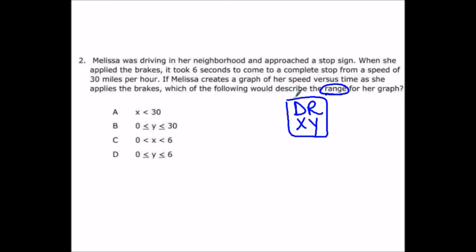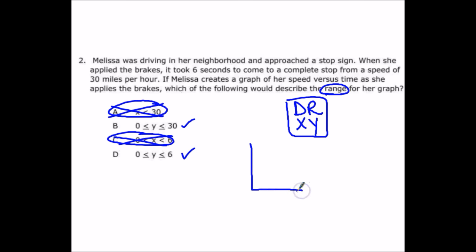The Y values, okay? So just because I know that, I come to my answer choices. This has an X value. It's gone. Y value, check. X value, gone. Y value, check. So one of those answers is going to be correct. So let's just kind of draw our graph. Now, she's starting at 30 miles per hour, right? And then so up here, I like to say starting point is 30, okay?